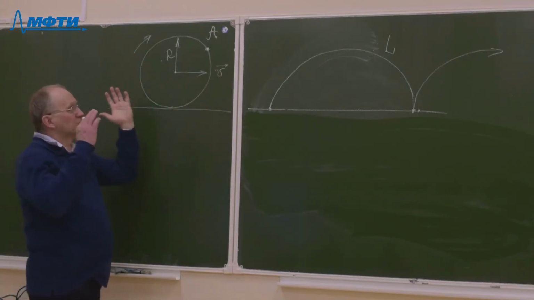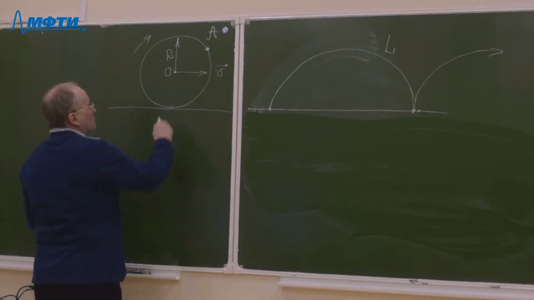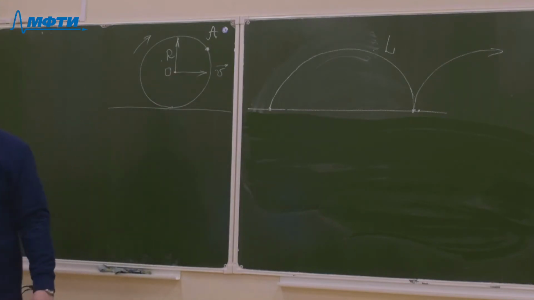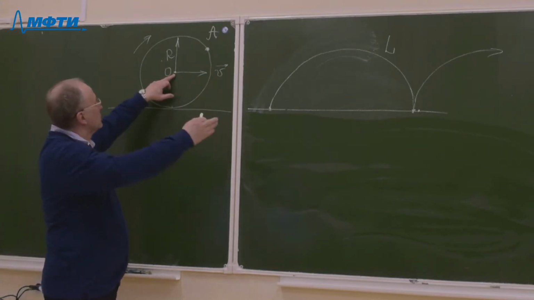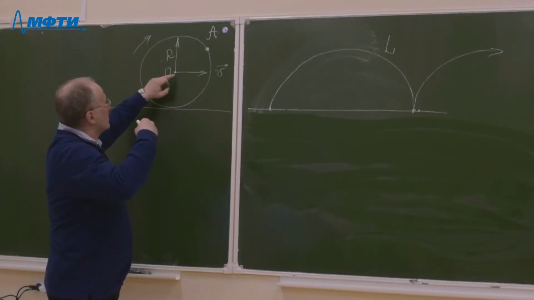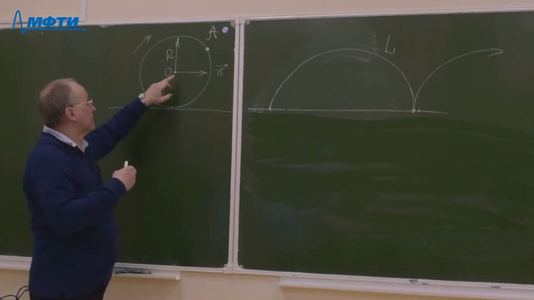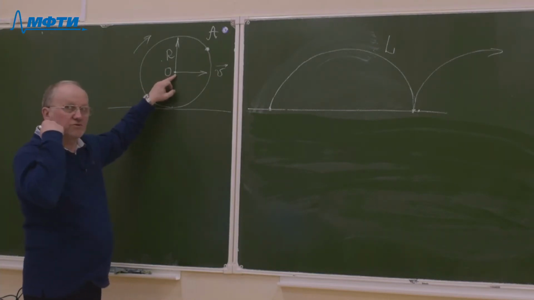So in this moving reference system, the center of the wheel will remain at rest. We go to the reference system that moves together with this wheel, and center O will be at rest in the new reference frame.